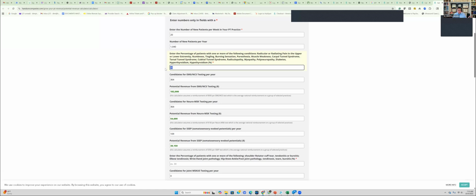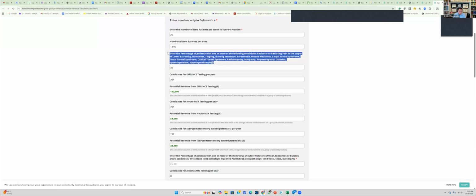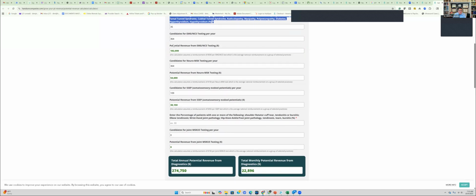Let's say that you have 35% of those patients with some of these conditions. Some practices have 50%, 60%. It doesn't matter. I'm going to just use a low number here, 35%, although most patients who come to a PT clinic will have something like this. This will show you how many candidates for EMG testing per year you're going to have, and the potential revenue that you will recoup from performing EMG testing.